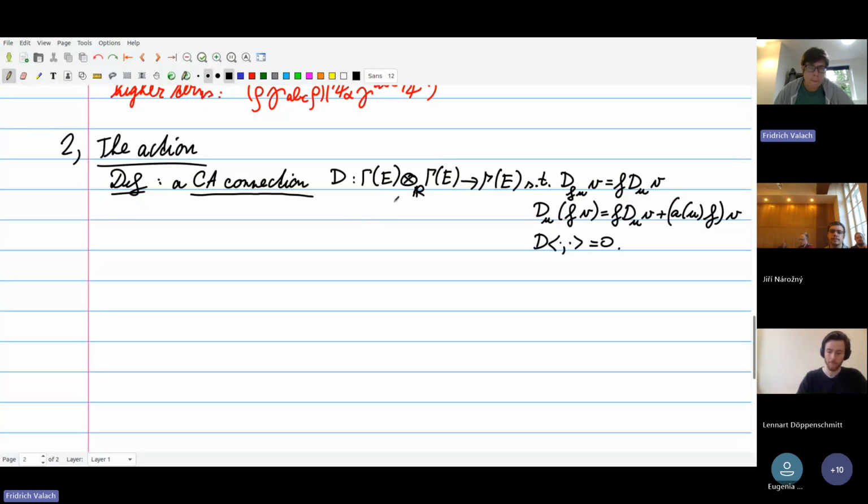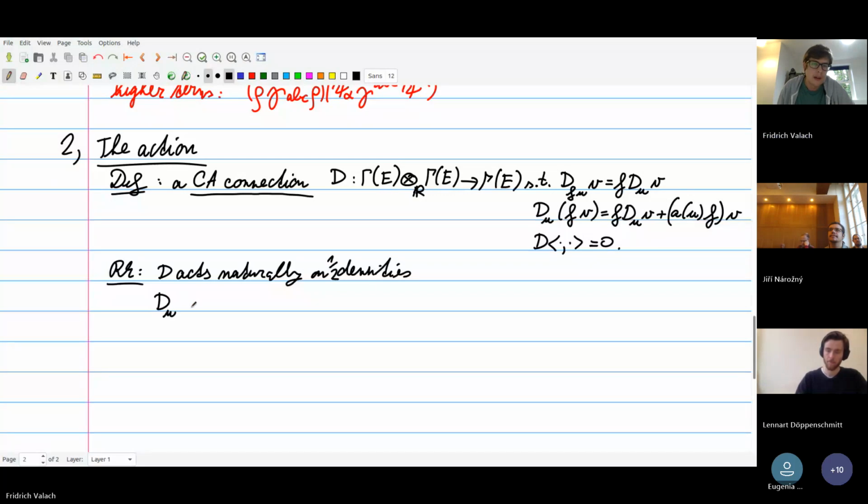And one remark is that if you have a Courant algebroid connection, then such a connection also acts naturally on densities, or half densities, or actually any lambda densities, like 1/3 densities, where lambda is a number. Let me specify it on half densities. You just take a section u and you want to hit a half density sigma, such as our field from above.